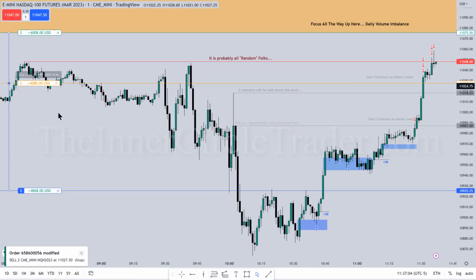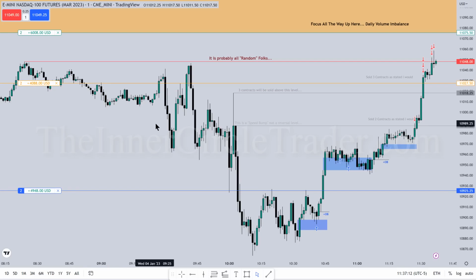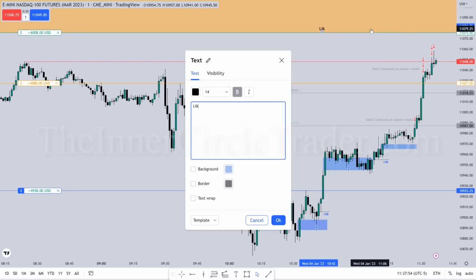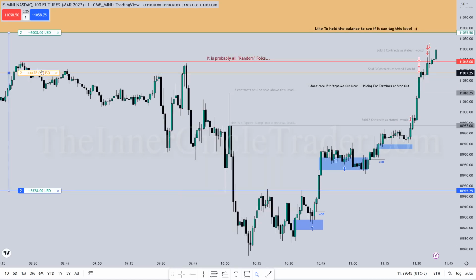If I fail here and it comes all the way down and takes my stop loss from this point here, I don't care, because I've taken the lion's portion of the move. I've been very precise about where I've entered with logic. I've taken logical levels of partial profits along the way where smart money would engage because this is where the liquidity is. So I'm going to be looking for a run up into this area here.